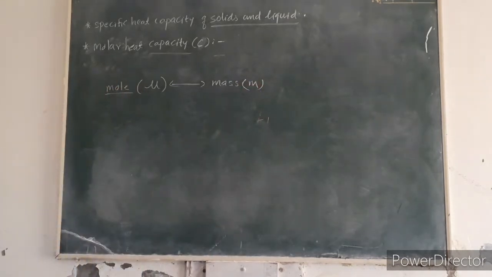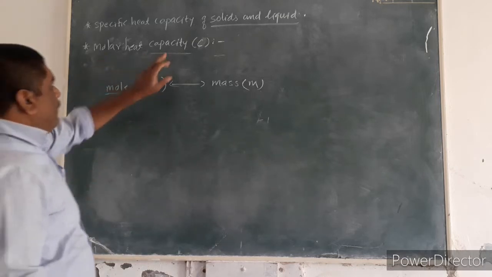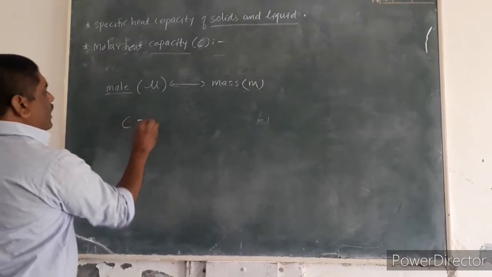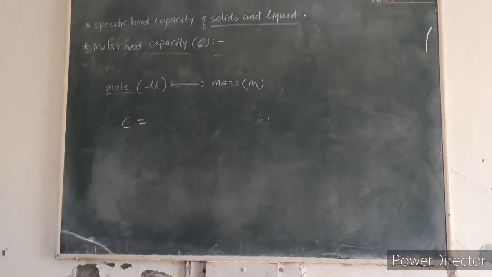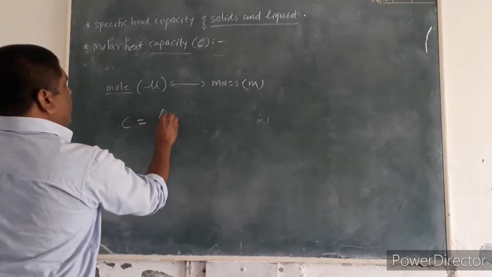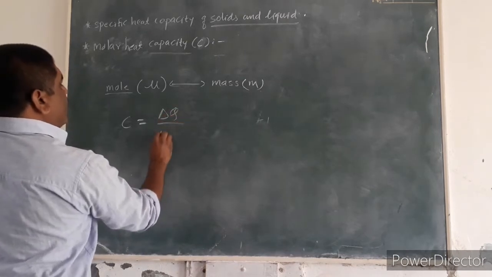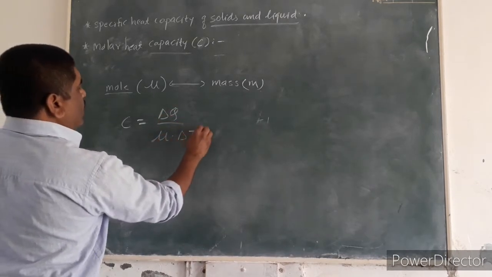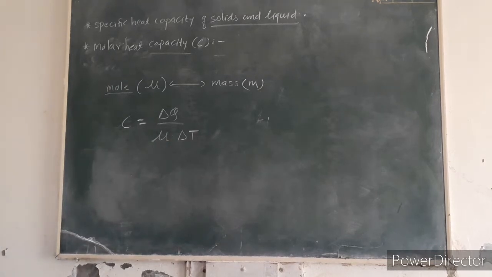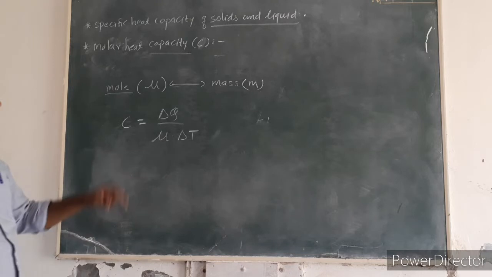Then that specific heat capacity is called molar specific heat capacity or simply molar heat capacity. Therefore, molar heat capacity can be given as C is equal to delta Q divided by mu into delta T. This is the formula of molar heat capacity.